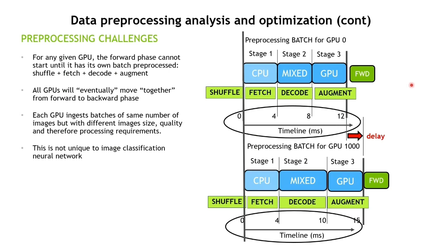This is a recap slide for the pre-processing steps and other challenges that lead to delays. For any given GPU, the forward stage cannot start until it has its own batch preprocessed: shuffle, fetch, decode, and augment. All GPUs will eventually move together from forward to backward stage, and all GPUs will eventually reduce gradients together and update weights together.